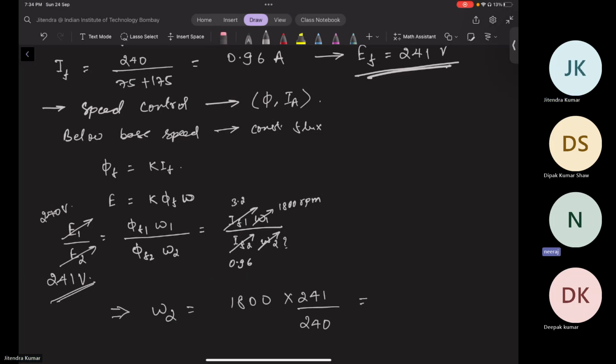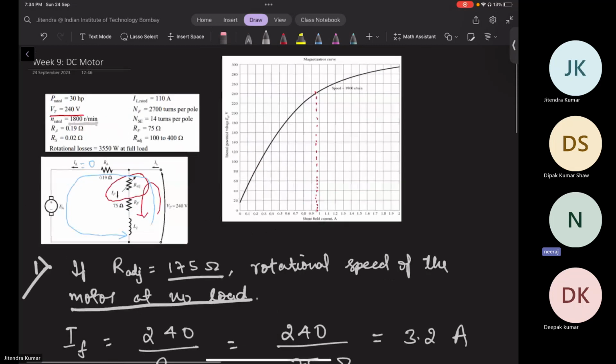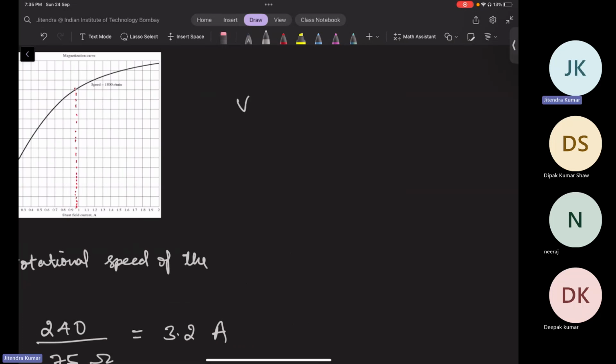Sir, this machine is operating as a motor. For machine motoring operation, the induced voltage cannot be greater than the terminal voltage, the applied voltage, in motoring. Okay, let me write the expression: Vt is equal to EF plus IR.